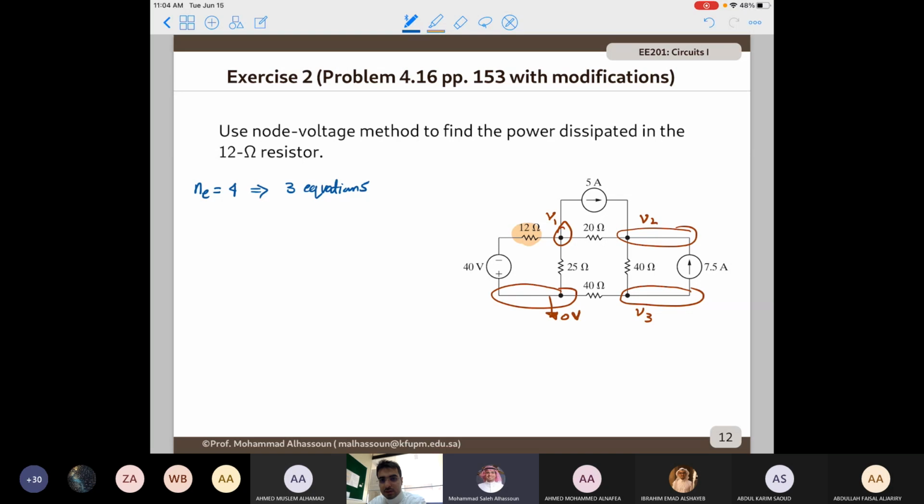Mohsen? The first equation will be V1 minus 40 divided by 12. Okay, so we start with node 1.